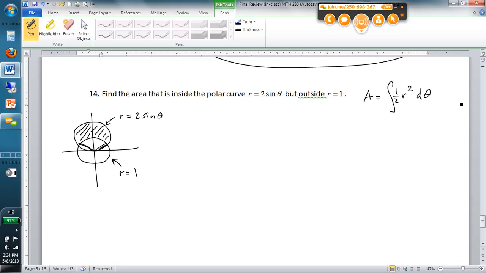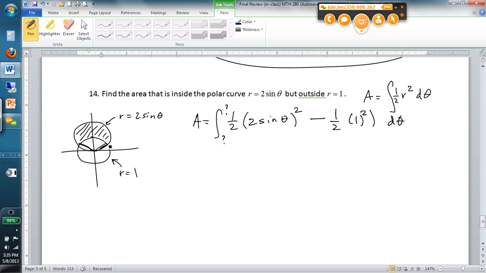Okay? So for this one, I want inside the 2 sine theta, so it's going to be 1/2 the 2 sine theta squared minus 1/2 of the 1 squared, which is going to be nice, isn't it? The only thing that remains is my limits.